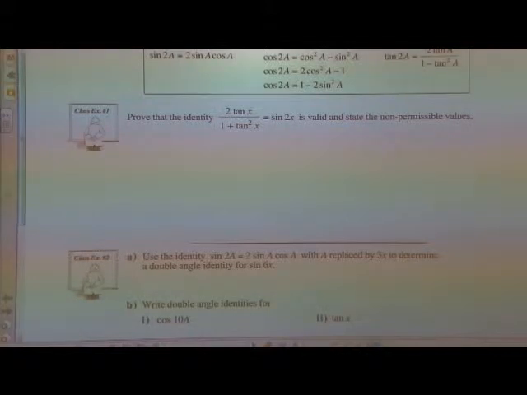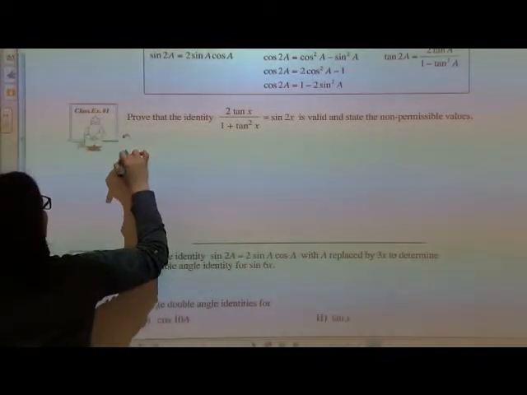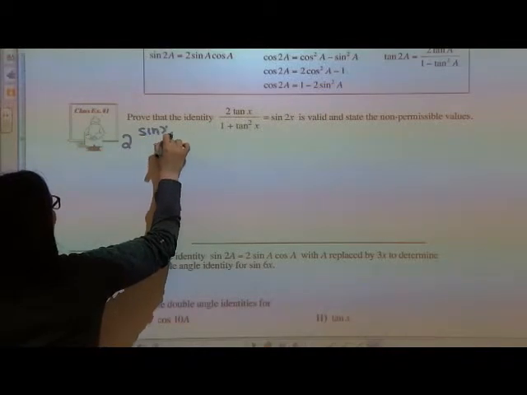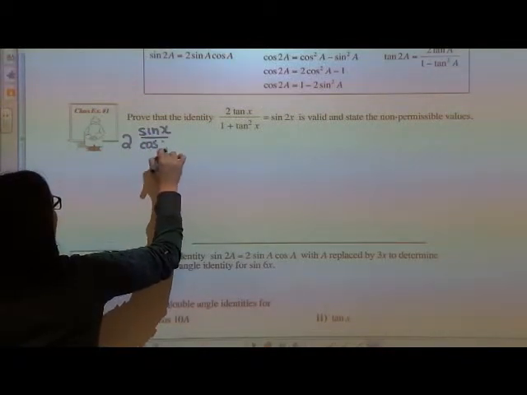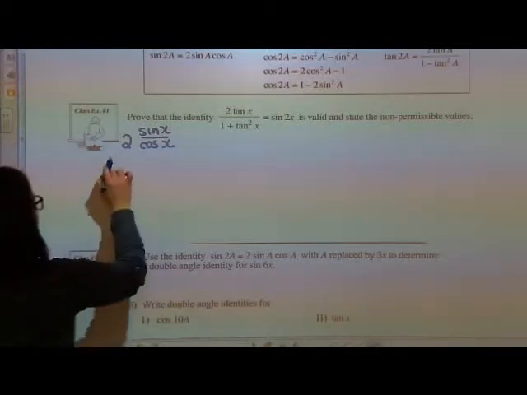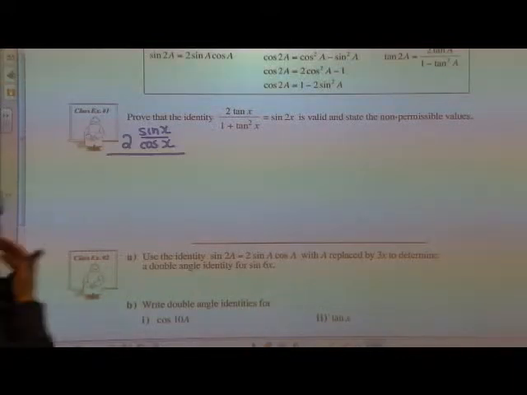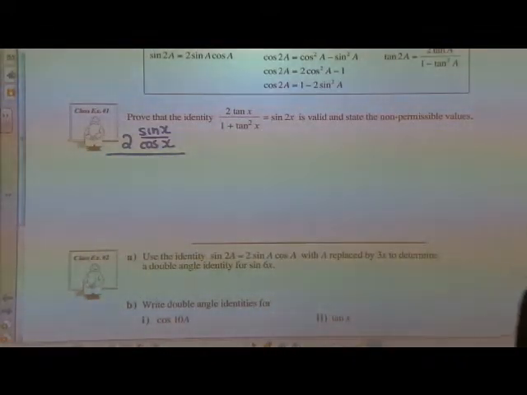What can I do with tan x? Okay, so let's start with that. 2 sine x over cos x. What about the bottom, the 1 plus tan squared x?